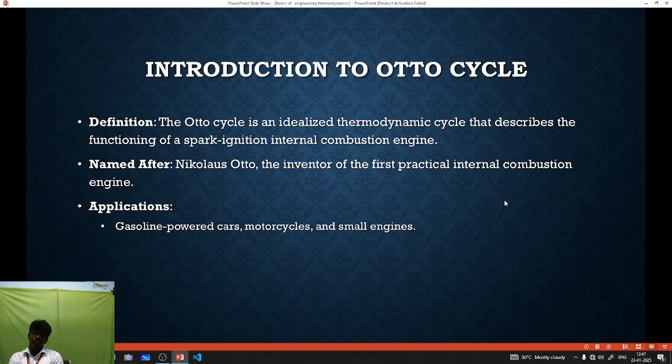Then the Otto cycle. The Otto cycle is an idealized thermodynamic cycle that describes the functioning of spark ignition internal combustion engines. It is named after Nicholas Otto, the inventor of the first practical internal combustion engine, meaning the petrol engine. Gasoline-powered cars, motorcycles and small engines are based on the Otto cycle.